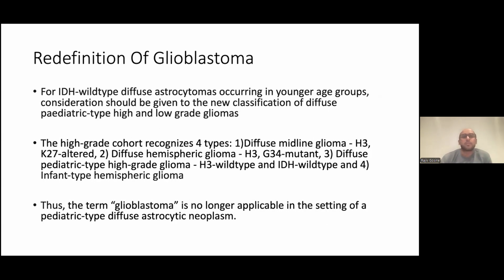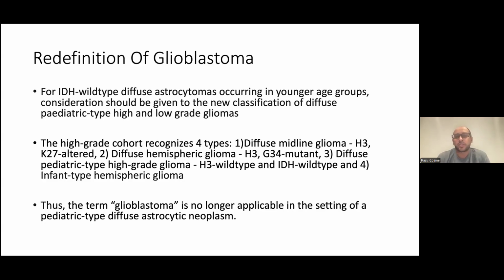For IDH wild-type diffuse astrocytomas occurring in younger age groups, there's now consideration for the new classification of diffuse pediatric-type high and low grade gliomas. The high grade cohort now recognizes four types: one, the diffuse midline glioma, H3 K27 altered; two, diffuse hemispheric glioma, H3 G34 mutant; three, the diffuse pediatric-type high-grade glioma, H3 wild-type and IDH wild-type, which would technically correspond to the pediatric version of what is now defined as a glioblastoma; and four, the infant-type hemispheric glioma.